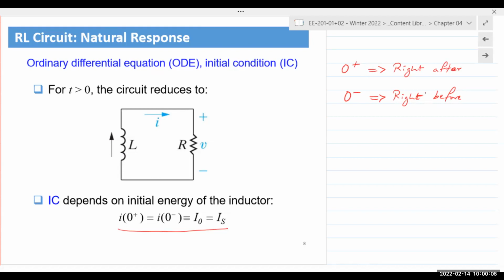This will be a very important concept for this entire chapter. And the reason it's important is because the current through an inductor cannot change instantaneously, and the voltage across a capacitor cannot change instantaneously.